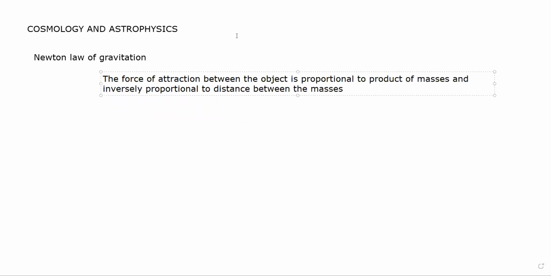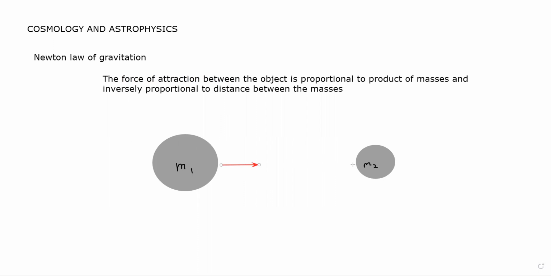So if we have two objects, two masses, whenever there is mass, there is always a force of gravity. The strength of this force depends on which factor, according to Newton law of gravitation? For example, if you have two objects, one of mass m1 and another of mass m2, as there are masses, they will apply a force that is known as a gravitational force. m1 applies a gravitational force on m2 and m2 applies a gravitational force on m1.